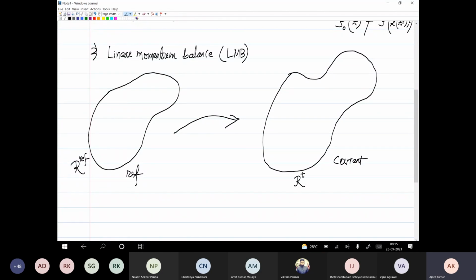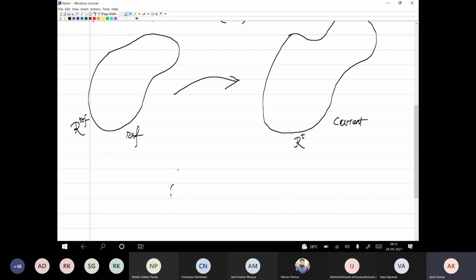So let me put t as a superscript. And then a part of this body. So of course, this is the region occupied by the body, whereas the body itself is the collection of particles, right? And you remember that we applied the mass continuity to a part of the body. Okay, so if I also write the part here, so this is the body, collection of particles, and think of a part of the body.